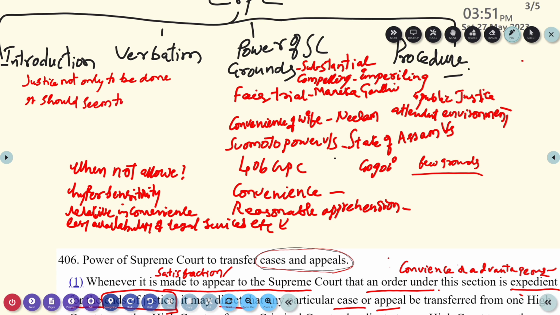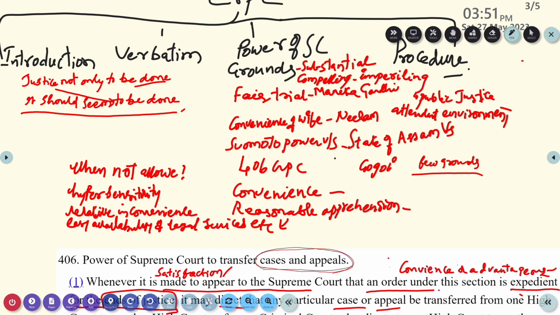That means all the persons who are watching also have to perceive that justice has been done. That is the meaning. Simply doing justice is not enough. It should seem, that means it should be visible in such a way that justice has been done.